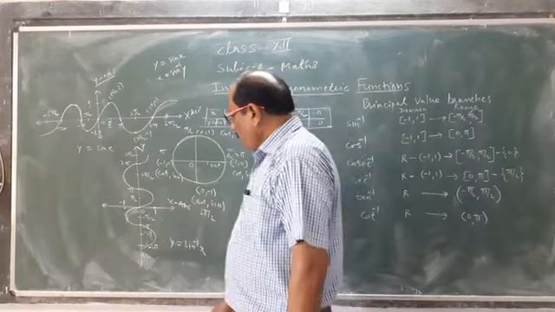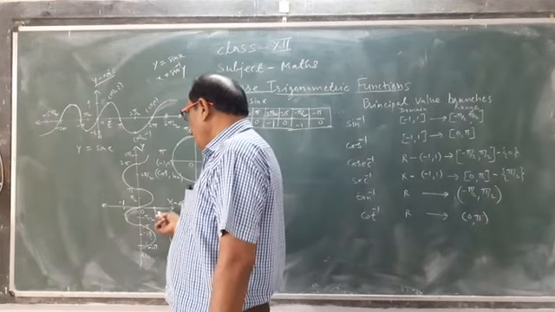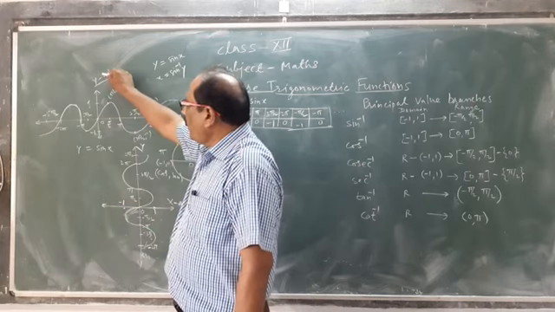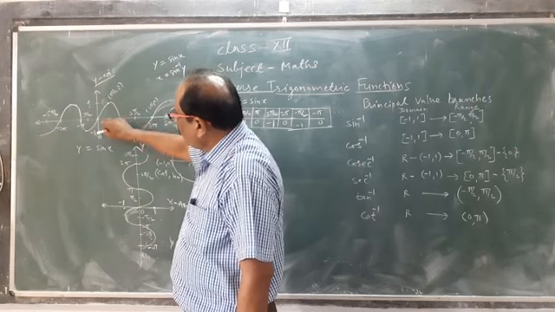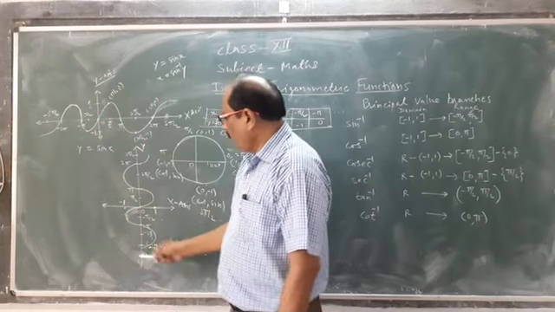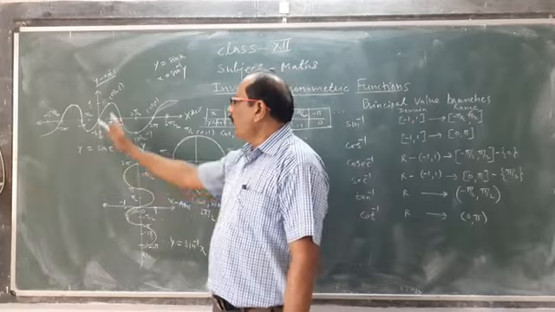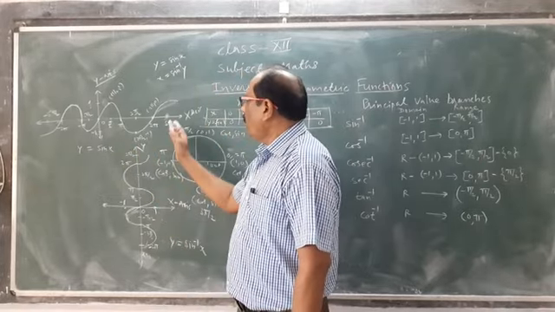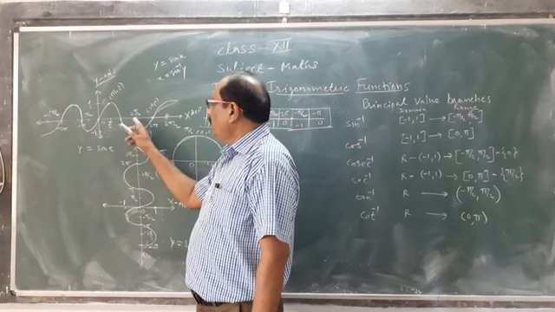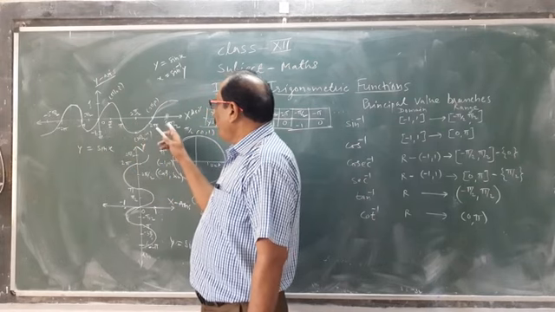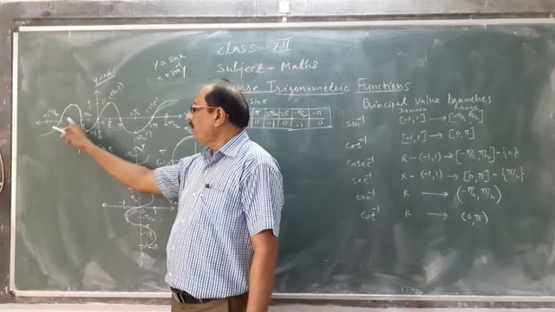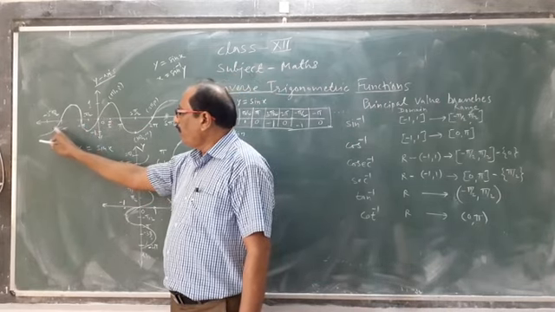Means on the x-axis we take values 0, 1, minus 1. Here on the y-axis, we were already taking values 0, 1, minus 1. We replace the y-axis by the x-axis. The values on the x-axis were 0, pi by 2, pi, 3 pi by 2, 2 pi, 5 pi by 2, and 0, minus pi by 2, minus pi, minus 3 pi by 2, minus 2 pi.